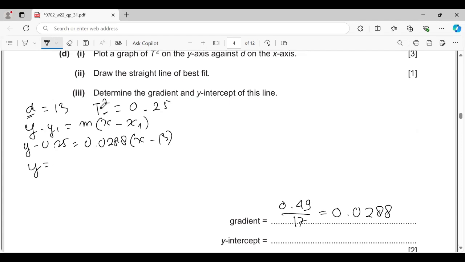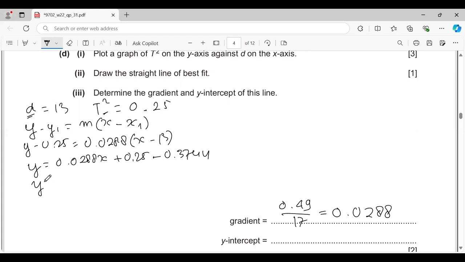If you expand, it's going to be y equals 0.0288x plus 0.25 minus 0.3744. 0.3744 is from 0.0288 multiplied by 13.